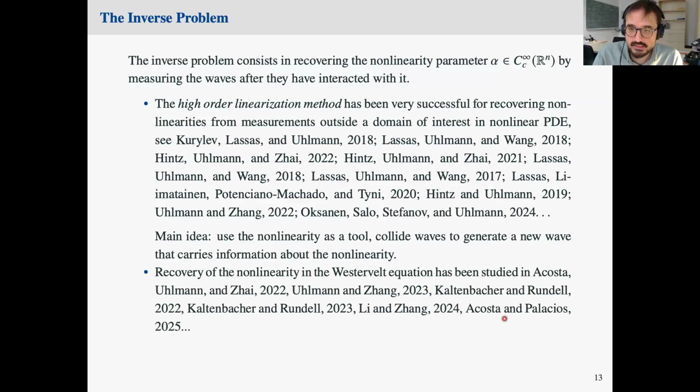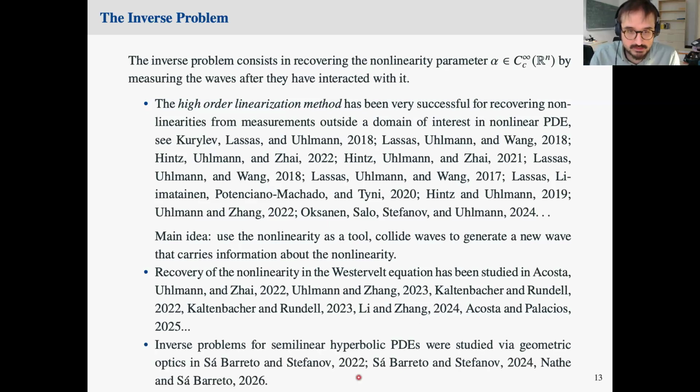In the Westervelt case, there has also been quite a bit of activity, also until very recently. Mentioning some names here, there is much more, and apologies if I have not listed your paper. I think most of these papers use high order linearization, at least definitely some of them.